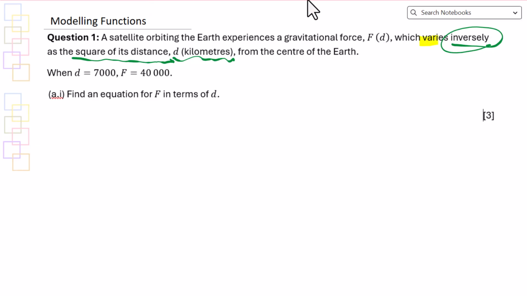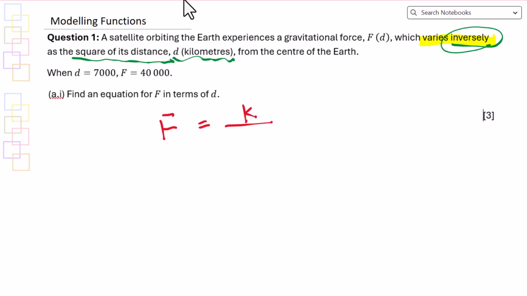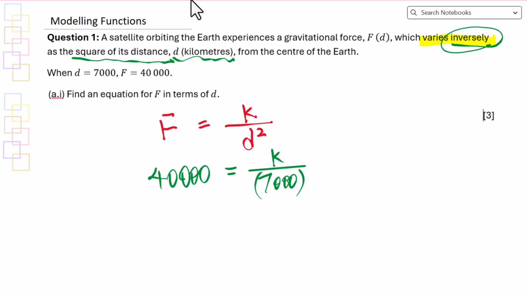Keywords: varies inversely. So F equals k over d squared. We need to figure out this k. Do the substitution. 40,000 equals k over 7,000 squared.